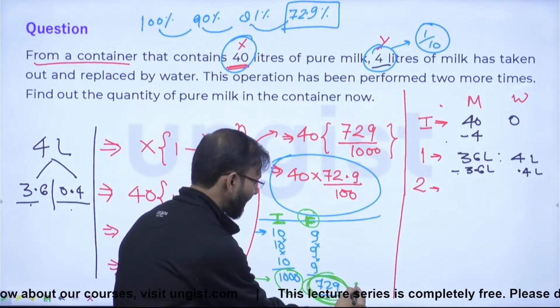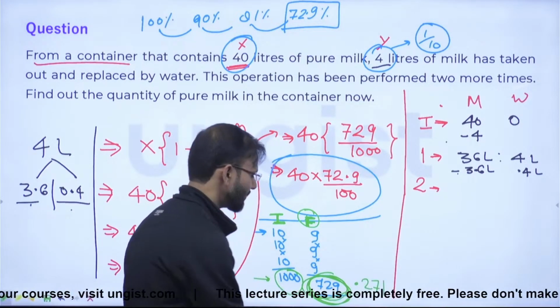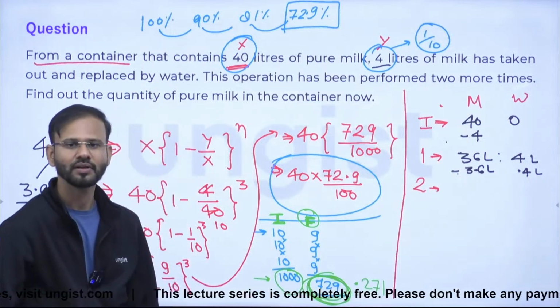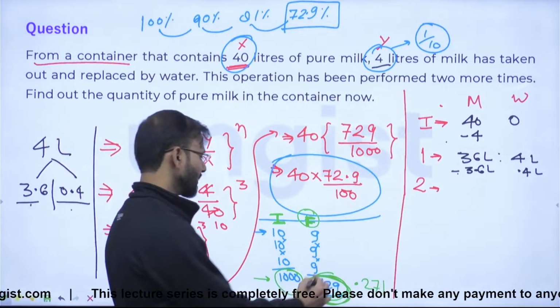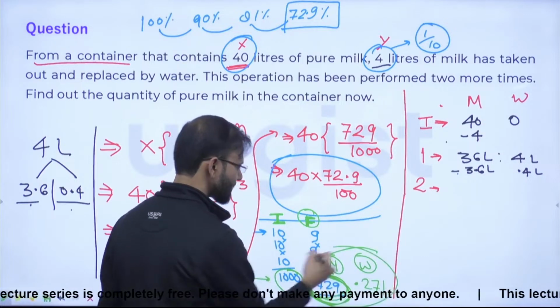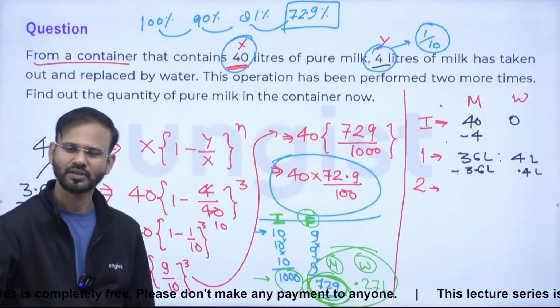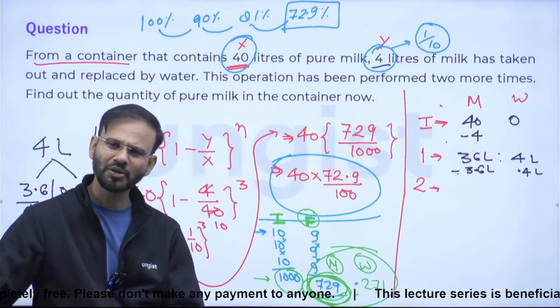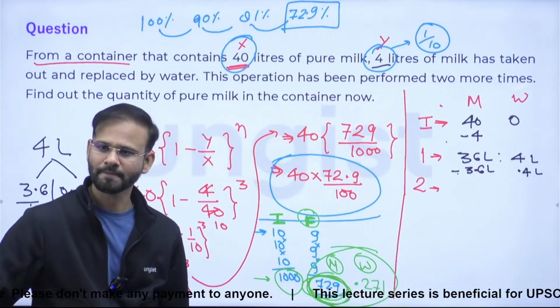It means the rest part, which is 271, is water. So after 3 such operations, milk will be this and water will be this. This type of questions are being asked in the examination. Guys, are you getting it or not? Just by looking at the question, you can tell me the answer.